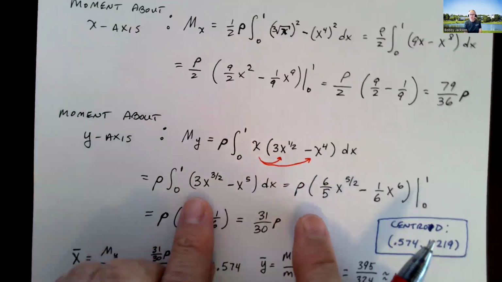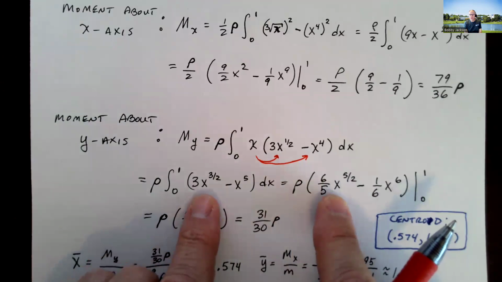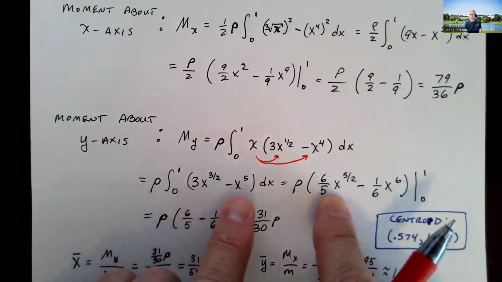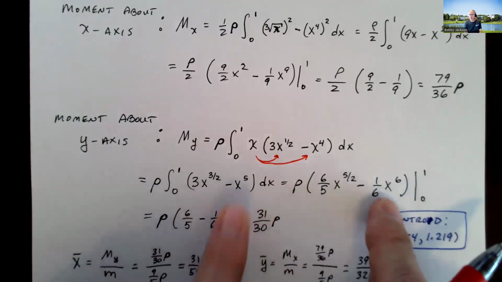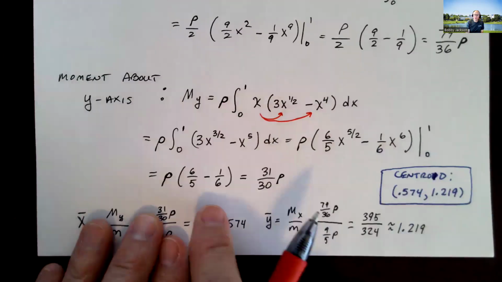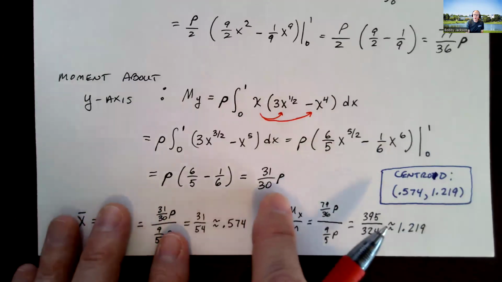Find the antiderivative of 3x to the 3/2. It'll be 6/5 x to the 5/2. Make sure you understand how we got that with the power rule. By the power rule, we get this for the antiderivative of x to the 5th over here. And again, plug in 1, plug in 0, and subtract. Fairly easy to do, and I get 31/30 rho.